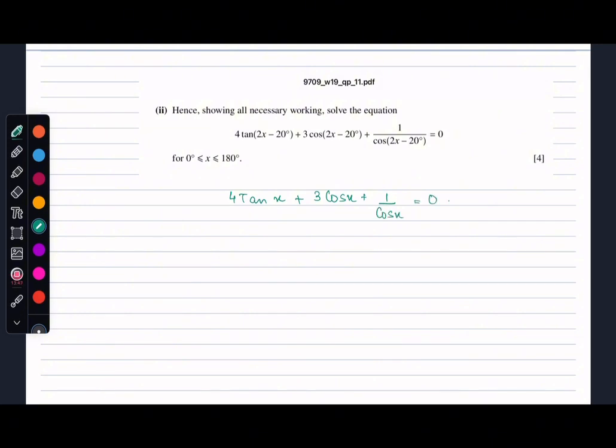So the clear difference that I can see between the two equations is that this x here, this x here, this x here, and this x here, they have been substituted by 2x minus 20 in all the terms.